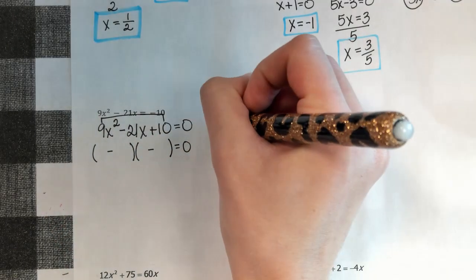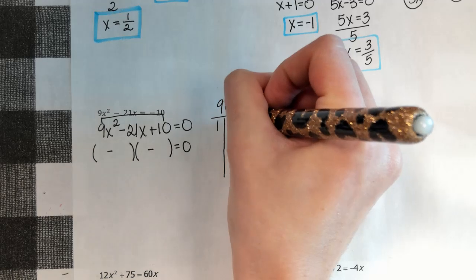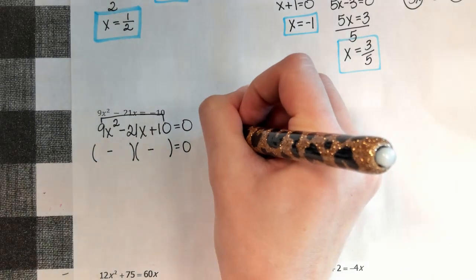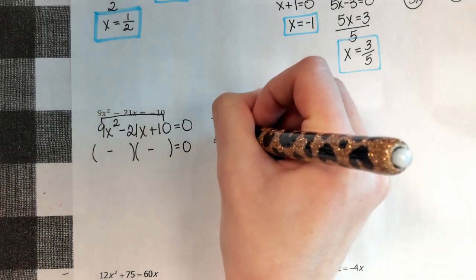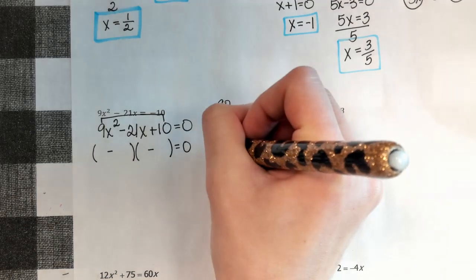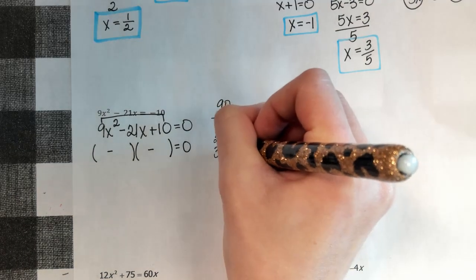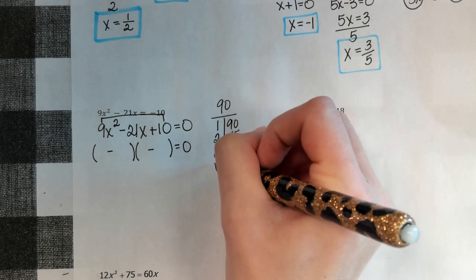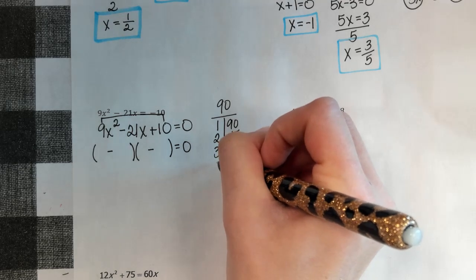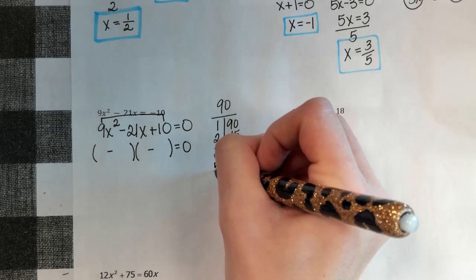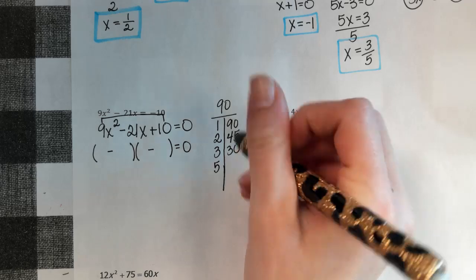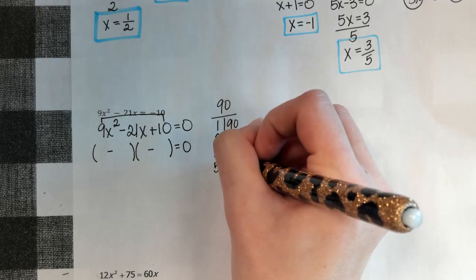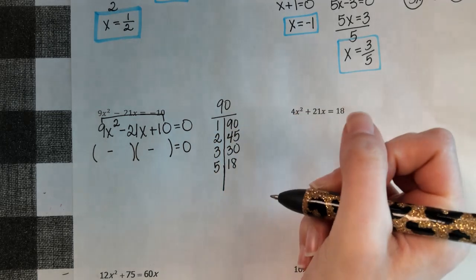So factors of 90, 1 and 90, 2 and 45, 3 and 30. Can I divide it by 4? Can I divide it by 5? Yes. What is it? Okay.